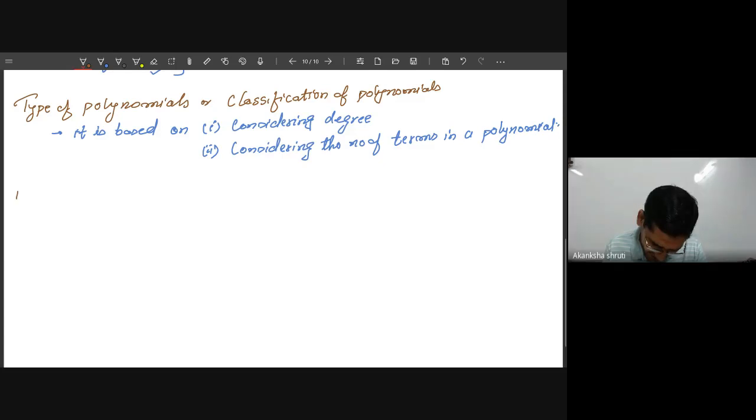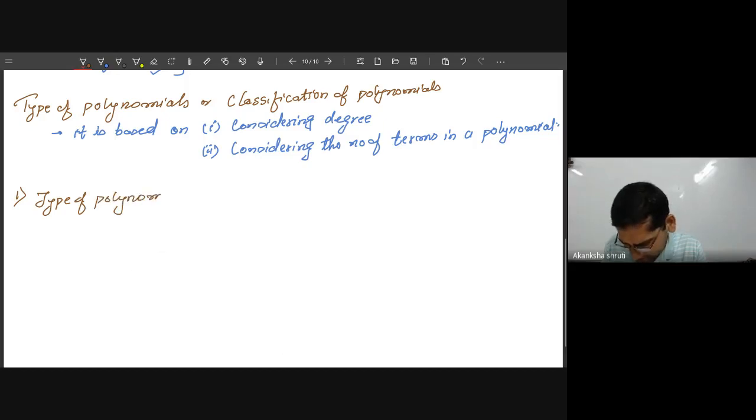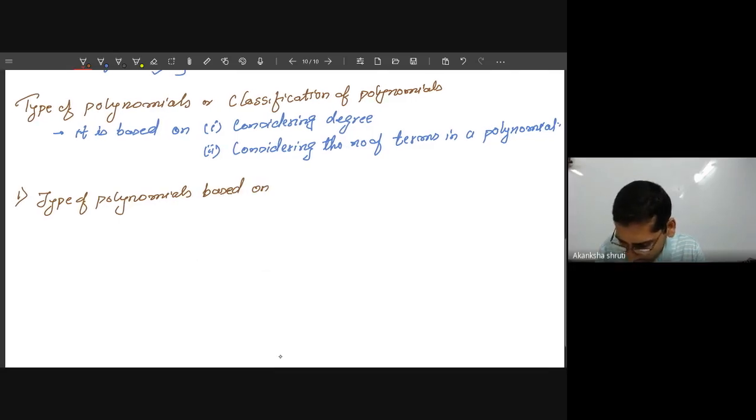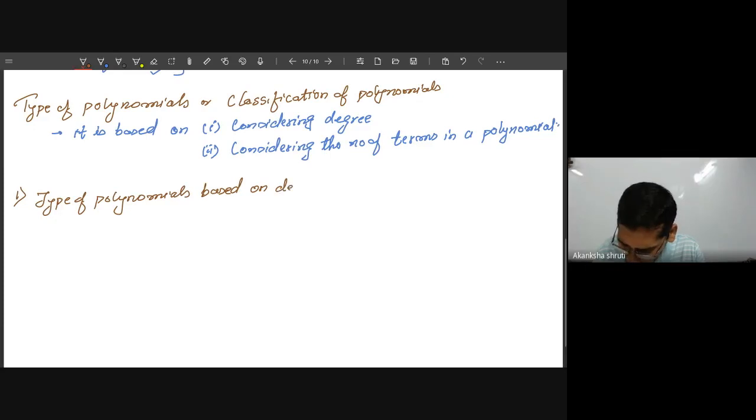So, the first one is types of polynomials based on degree. Students, here we will see the classification; a few of them I am writing.